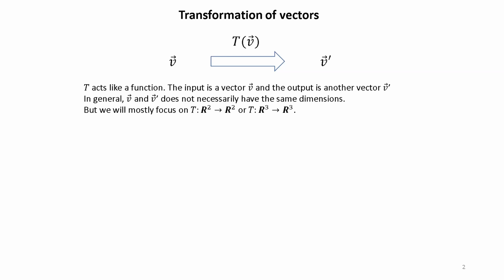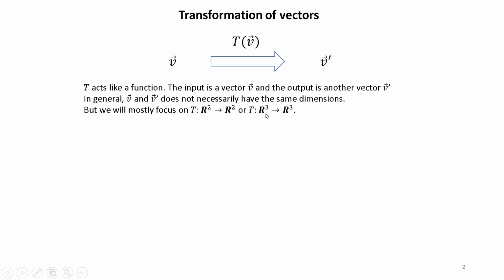That means you can input a vector that lives in a three-dimensional space, and it can output a vector that lives in a two-dimensional space after transformation. It really depends on what kind of transformation you are talking about. But in our case, we have a vector living in a two-dimensional space, and after transformation it is also still in the two-dimensional space. This is a case that we'll talk about a lot.